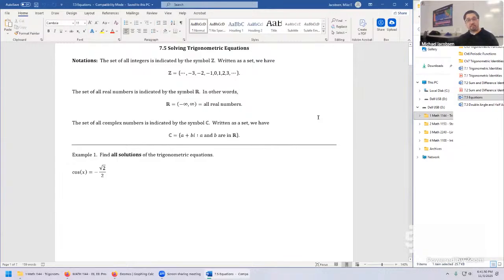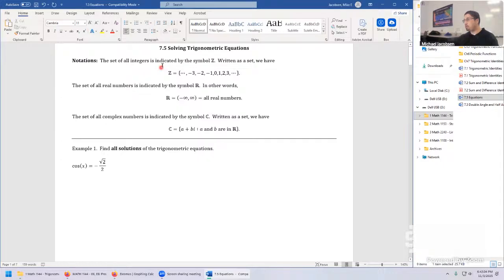First, I wrote down just a little bit of notation. We often write down this symbol right here, R, to represent all real numbers. In interval notation, it's the interval from negative infinity to positive infinity. But really, the major thing I wanted to write down as a quick symbol is this symbol Z. This is the set of all integers. It comes from the German language where Z is the first letter for the word for number.